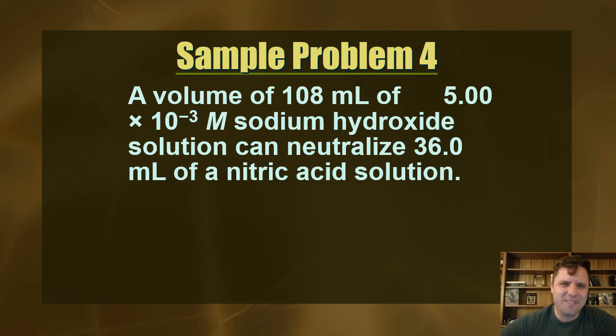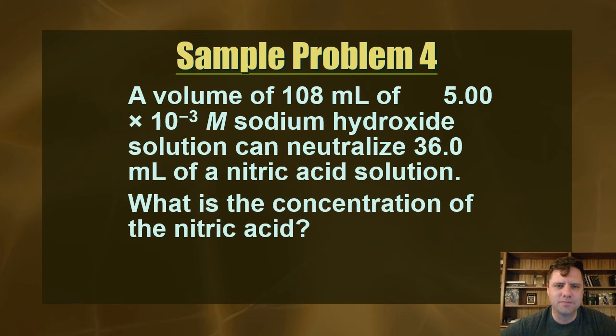All right. So a volume of 108 milliliters of 5 times 10 to the negative 3 molar can neutralize 36 milliliters of nitric acid solution. What's the concentration of nitric acid? Here we have a volume and a molarity. We multiply those together and divide by this volume, and we get the concentration.